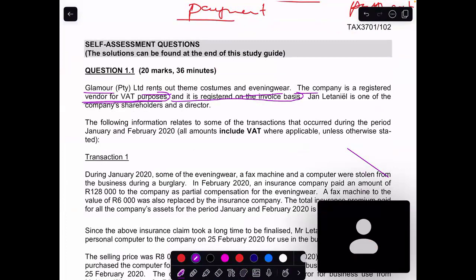What is the significance of them telling us that the company is a registered VAT vendor? Anyone to assist there?